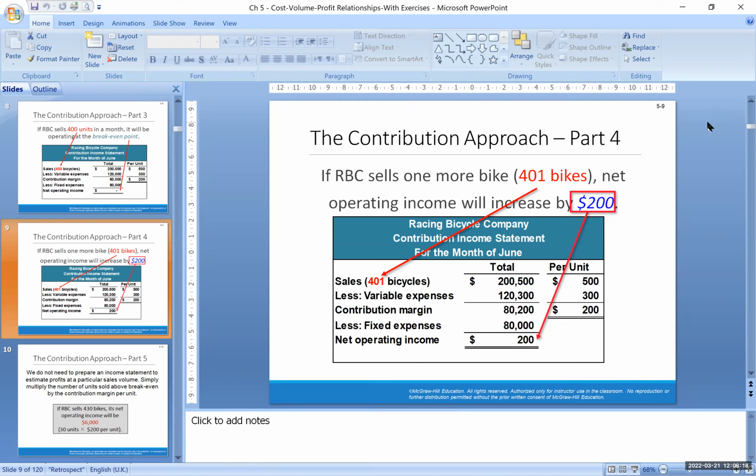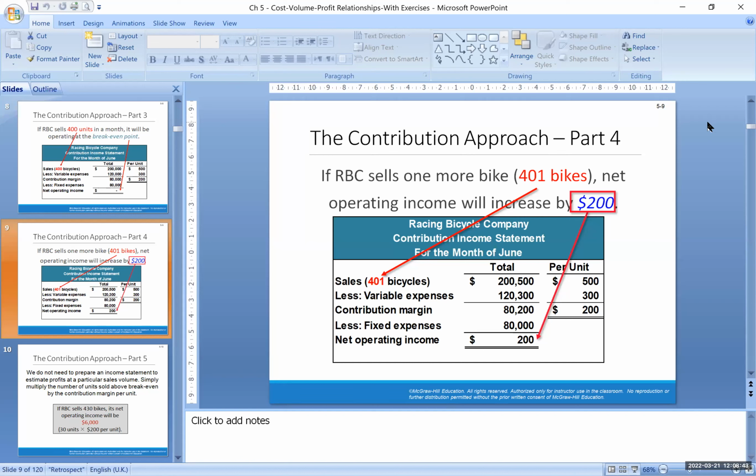$200,500 will be the sales amount for the whole units sold by the company, minus the total variable cost, which is represented by 401 units sold multiplied by $300. These numbers are given.